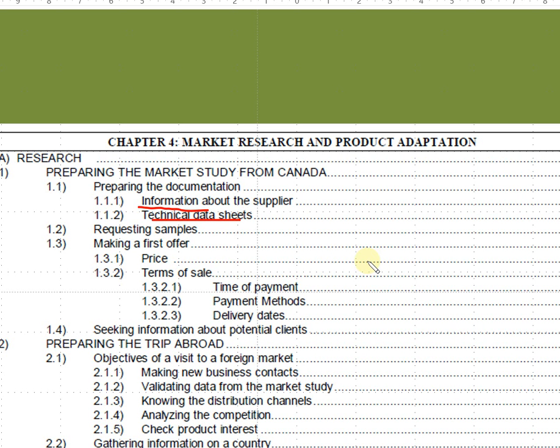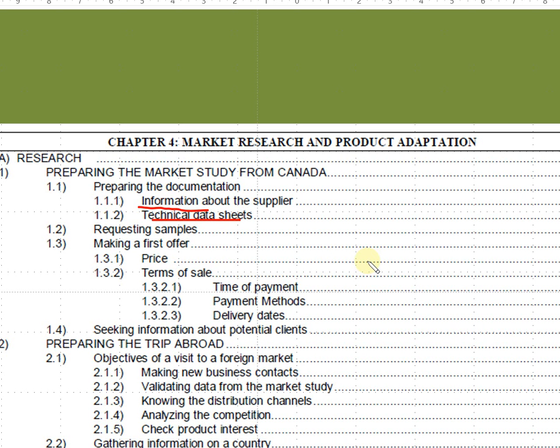So, and the validation data from the market study, knowing the distribution channel. The distribution channel means that once you spread your product in a certain area, you should find the distribution line. How, in this area, the distribution line will be composed.